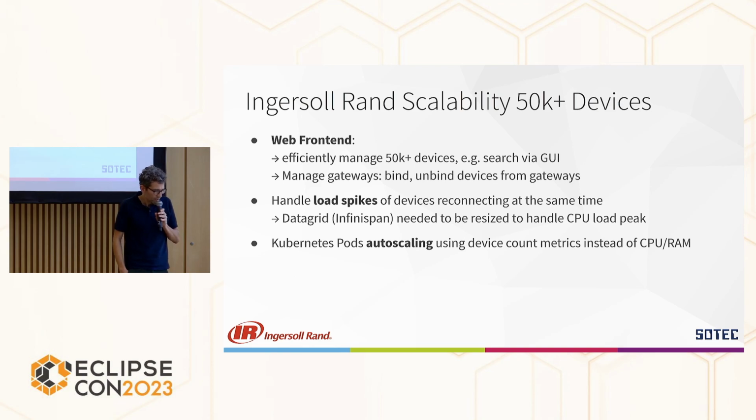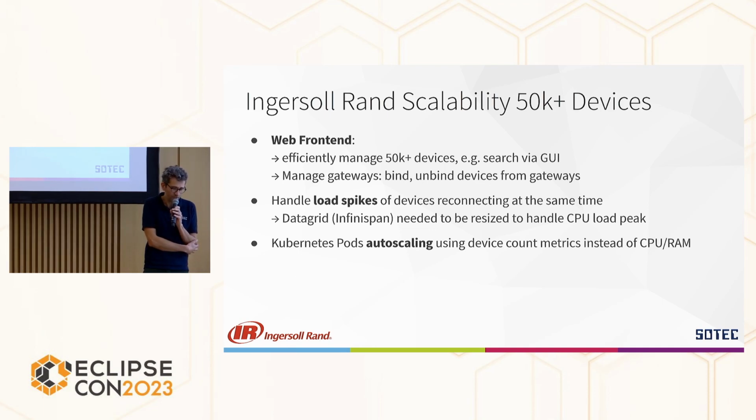And then what we saw when we started operating those numbers of devices is that we had load spikes, twice a day when the devices were reconnecting. And we had to resize a few things, for example, the data grid service, so that it can handle those spikes.